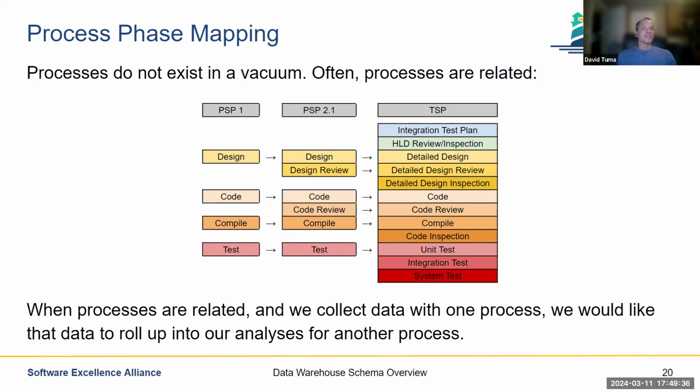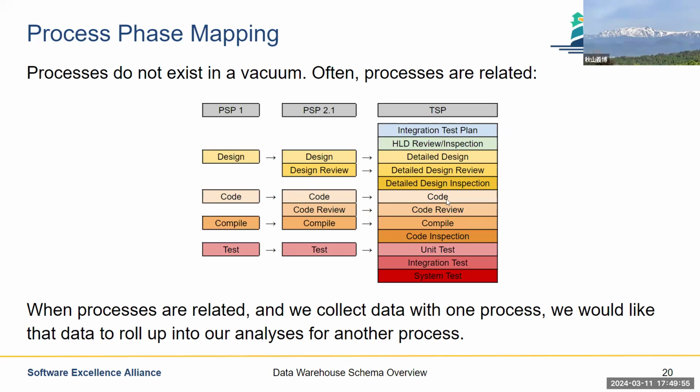And then similarly, if someone used PSP 2.1 on a real life project to write a module, then we would like the code time from that PSP 2.1 process to roll up into their team's TSP analyses into the code phase. Okay?